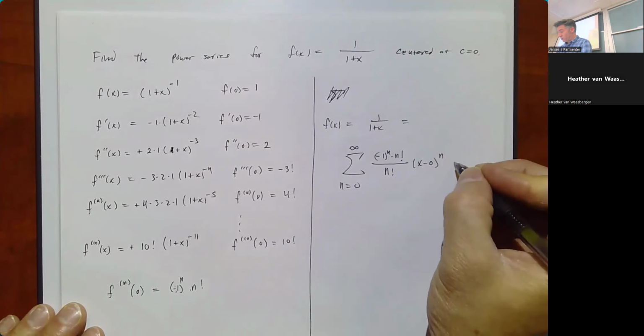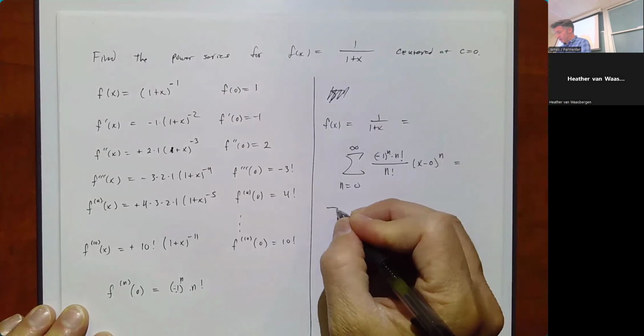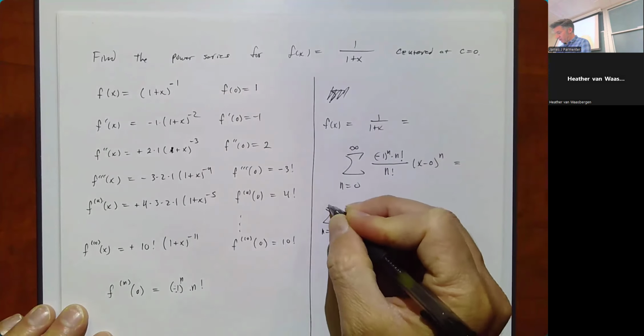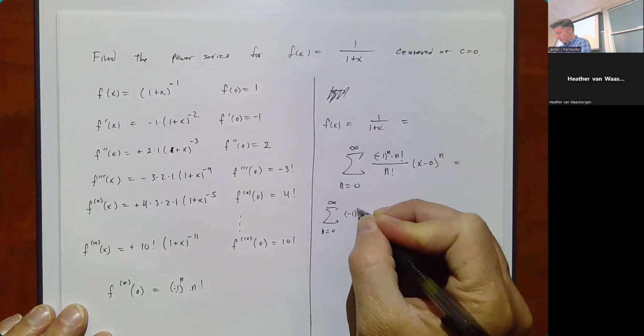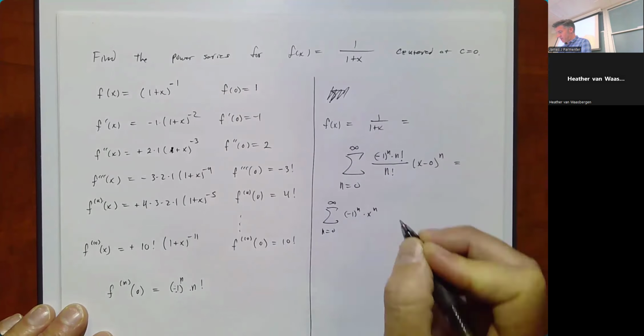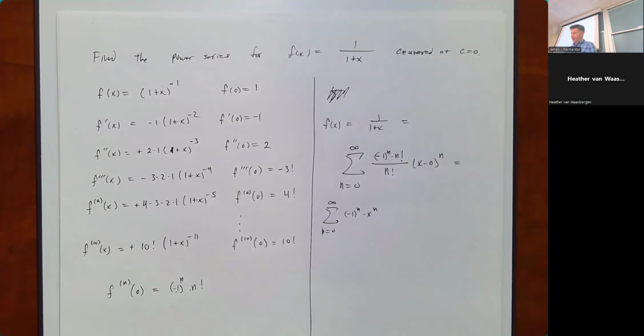The n factorials do cancel, so we end up just getting the sum from n equals 0 to infinity of -1 to the n times x to the n, which I would probably leave like that.